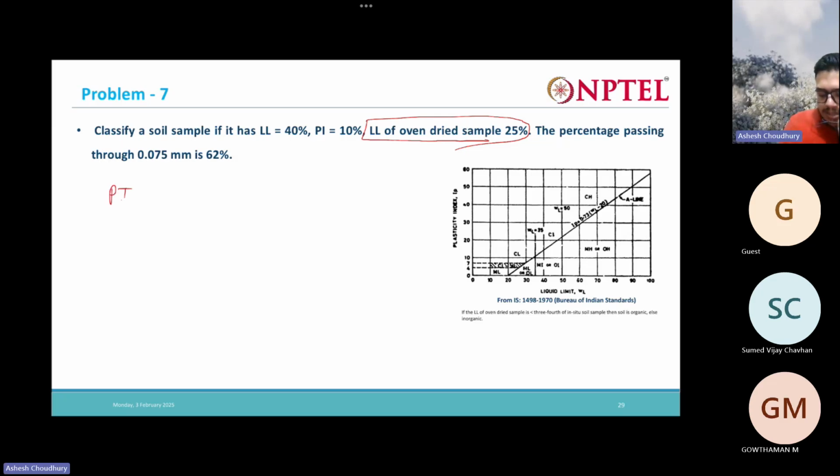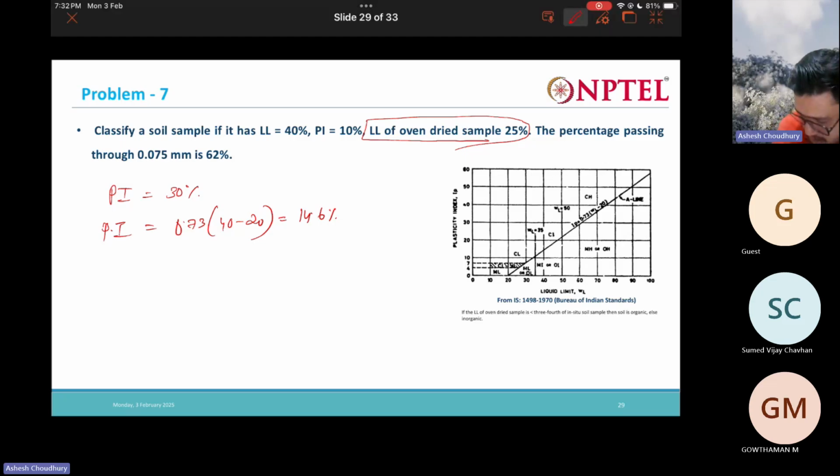Calculate the plasticity index from the A line. Oh, sorry, the plasticity index is 10%, right?